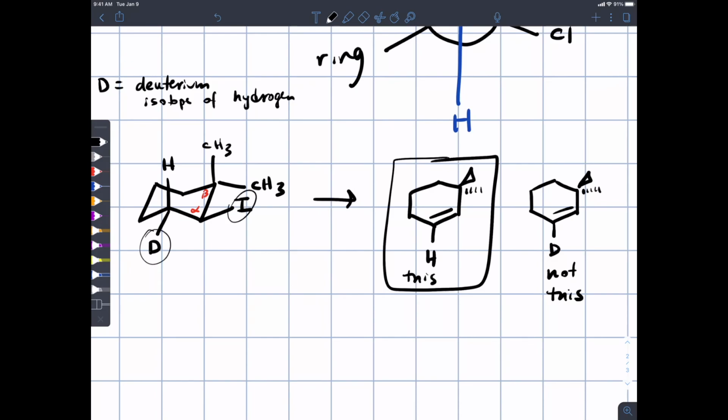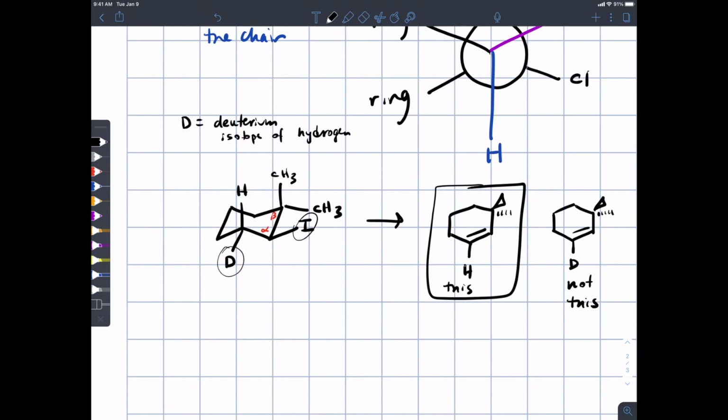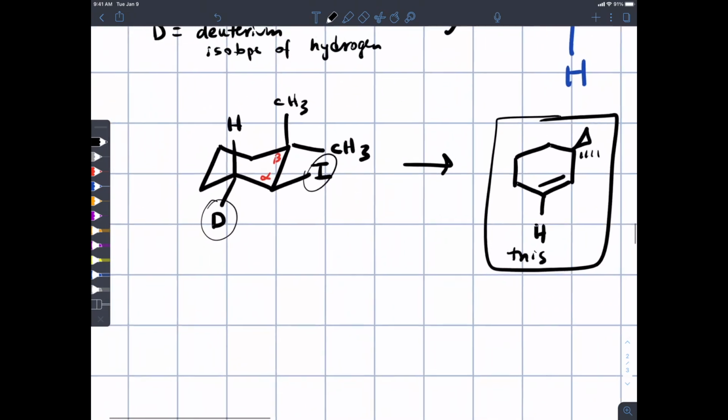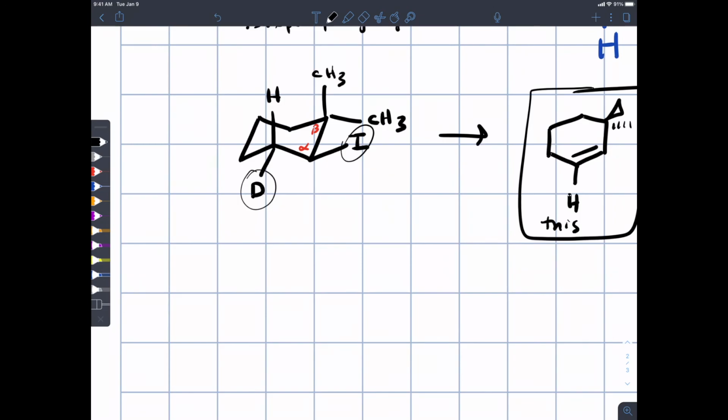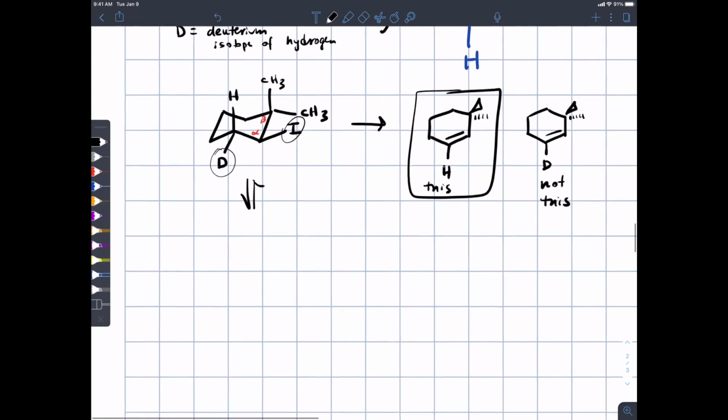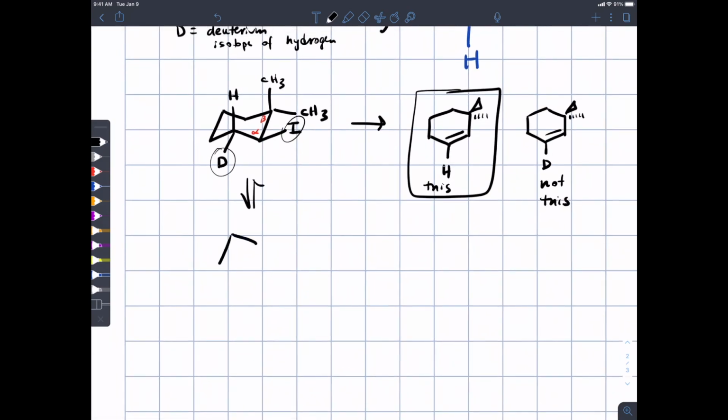Right. Let me just repeat that for the folks at home. The deuterium is trans to the halide in this conformation. Now, you may have thought, look at that, nothing's anti to the leaving group. Well, your alternative to defeat that potential distraction is to say, okay, fine, let's go to the other chair where iodide is here, and then deuterium on the adjacent carbon would be down axial instead of down equatorial.